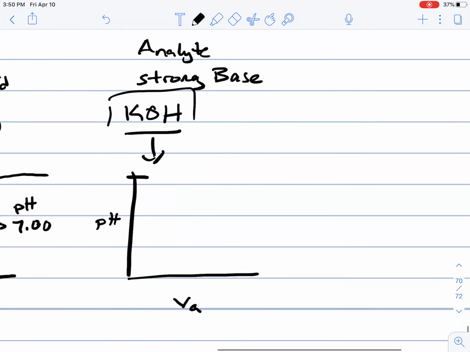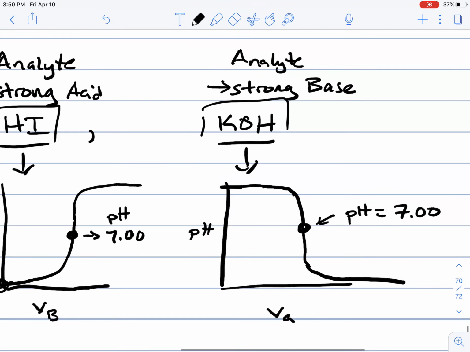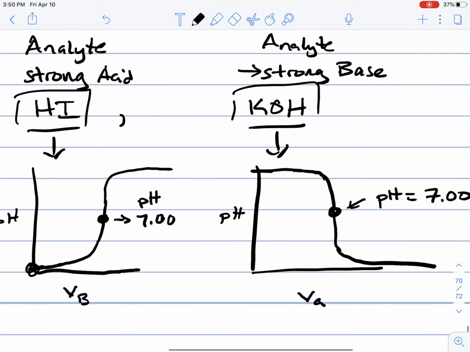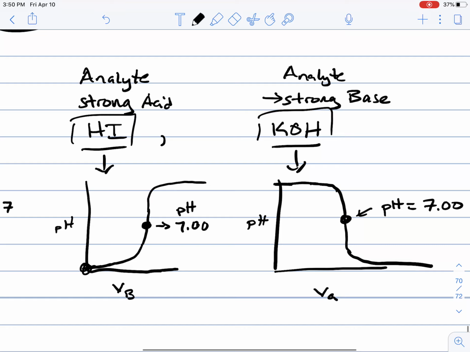It's going to be either 13 or 14 or around that range because I have a strong base. And so we're going to go ahead and draw the titration curve going down, and the equivalence point is going to be 7. So the pH is going to be at 7 for a strong base, strong acid titration, or strong acid, strong base.